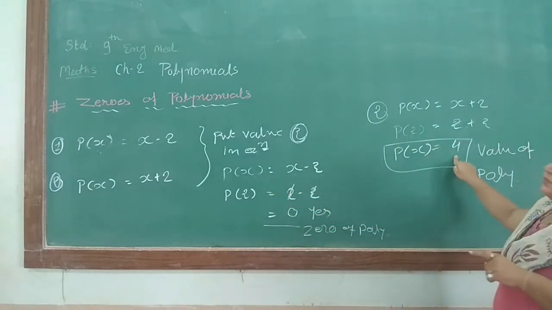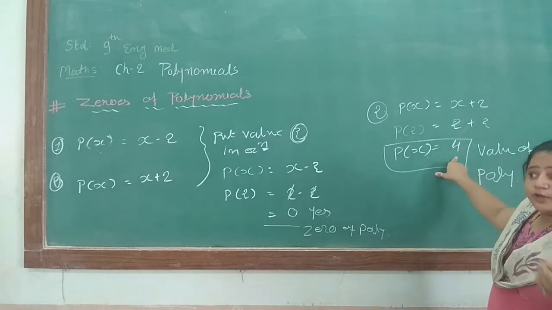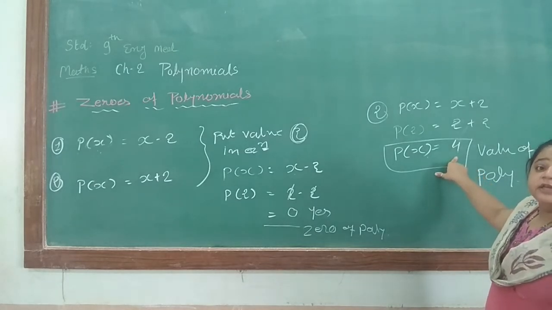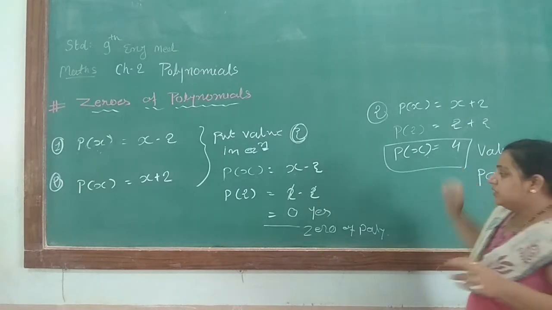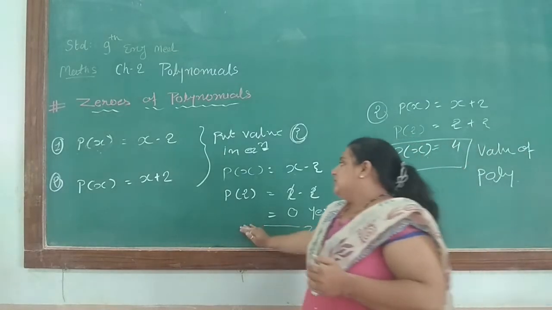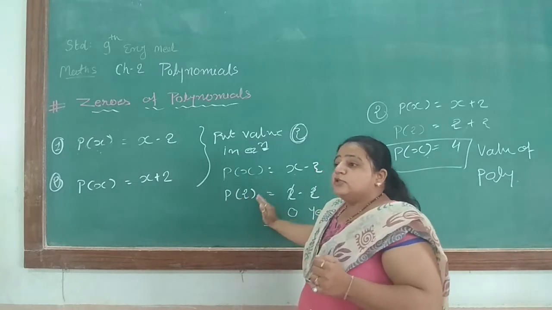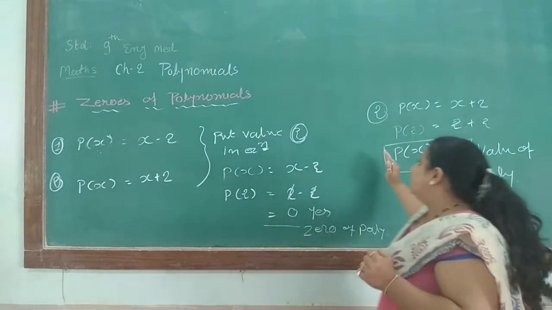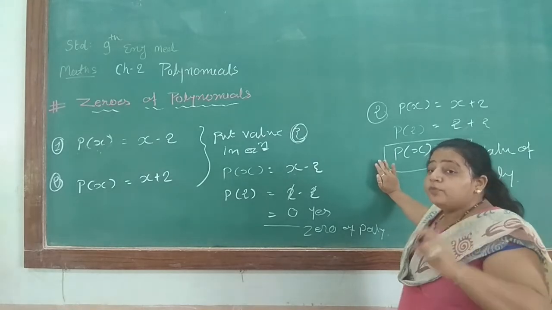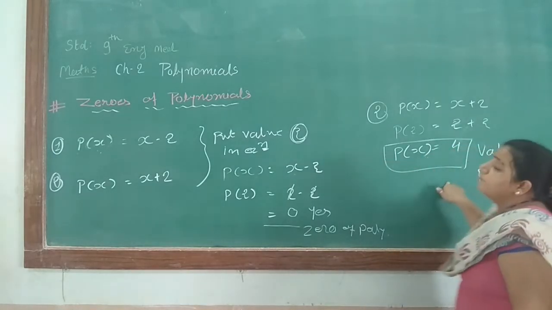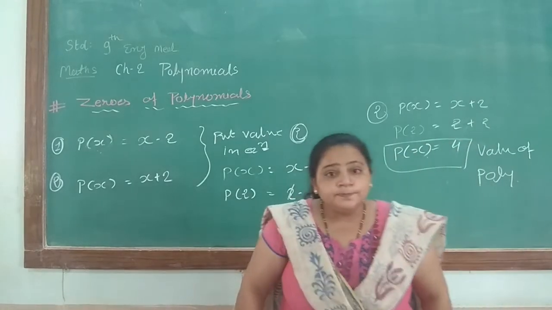Similarly, except zero, if any answer is there, it is a value of a polynomial. These are the differences. And here we can say yes, 2 is a zero of the polynomial. And here we can say no, 2 is not a zero of the polynomial. And 4 is a value of the polynomial.